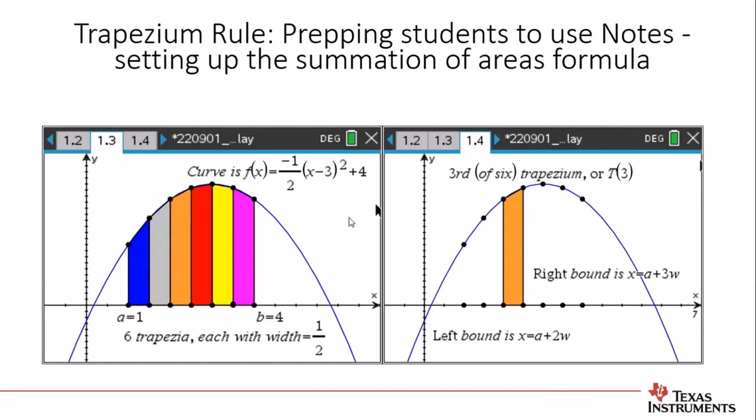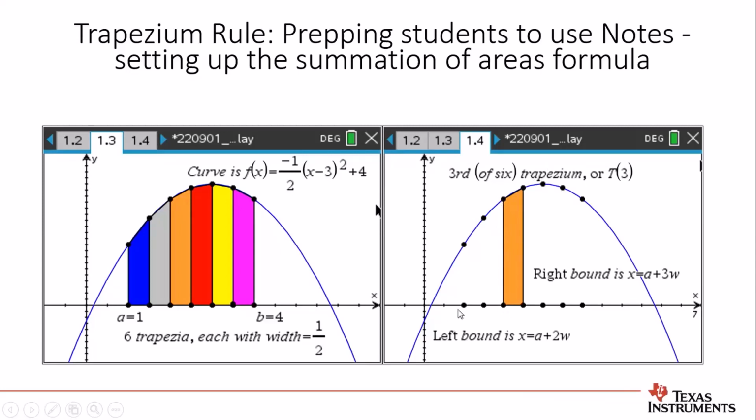What I'm attempting to do here is to show that for any particular trapezium, and I've highlighted the third trapezium, the parallel sides, the left boundary, is x, or is the a value, which is this first dot. I have not labeled it in this diagram. It is over here, but it's not over here. It's a plus 2 lots of the width.